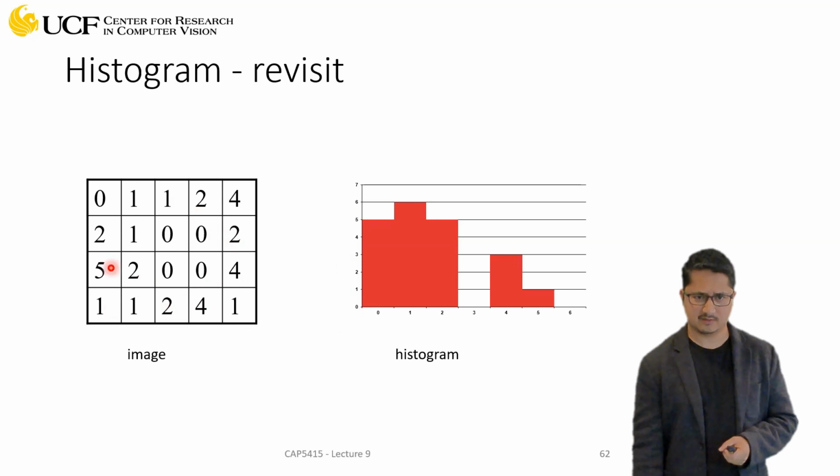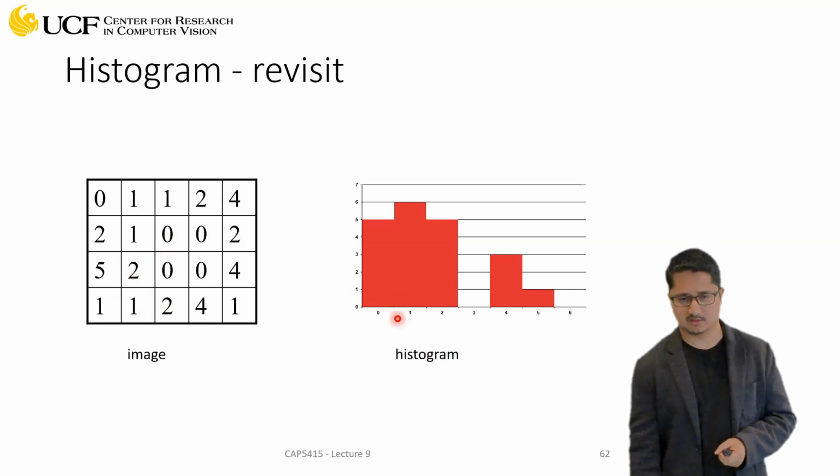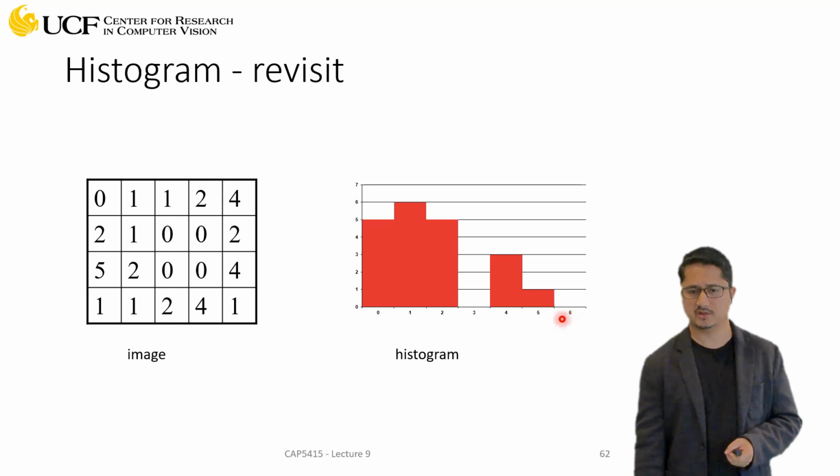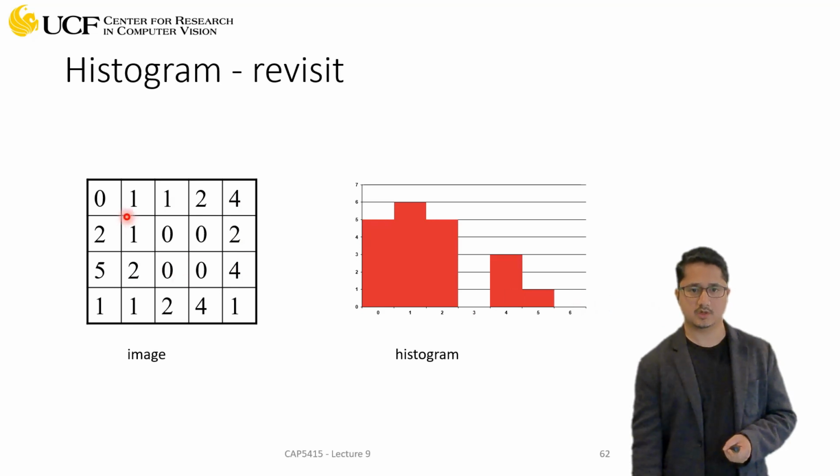All right, so let's look at this very simple example. Here you can see that you have values ranging from 0 to 5, and that's why in the x-axis you have values like 0, 1, 2, 3, 4, 5, and then you have 6 as well. But you can see that 6 is zero because no pixel had a value of 6. Now, if you count how many pixels have a value of 0, you can simply count that: 1, 2, 3, 4, 5.